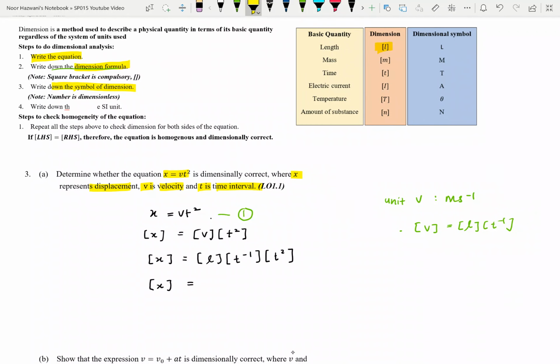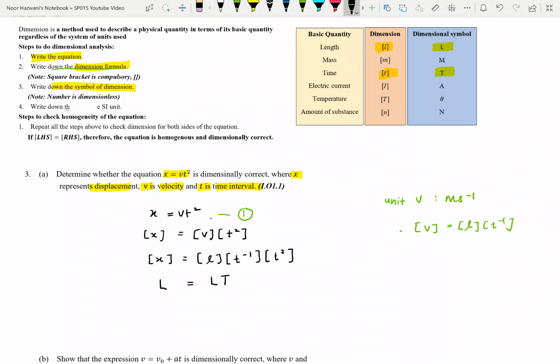For length, the dimension is capital L, and for time, it should be capital T. So when writing dimension symbols, we mostly use capital letters. So we put in capital L, -1 plus 2, so you will get LT. For the left-hand side, I forgot: we can directly write down the dimensions of displacement, which is L.